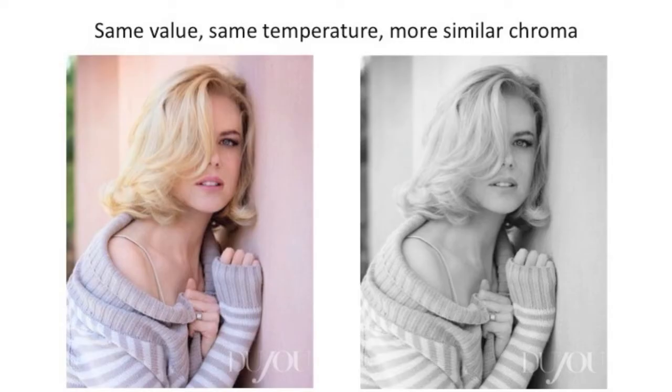Here is an example of something that really looks right. So I think she looks great here, and I think this is a successful low contrast look for Nicole. So you can see that the sweater has some purple in it, so it's not completely colorless. So you need some color in there.